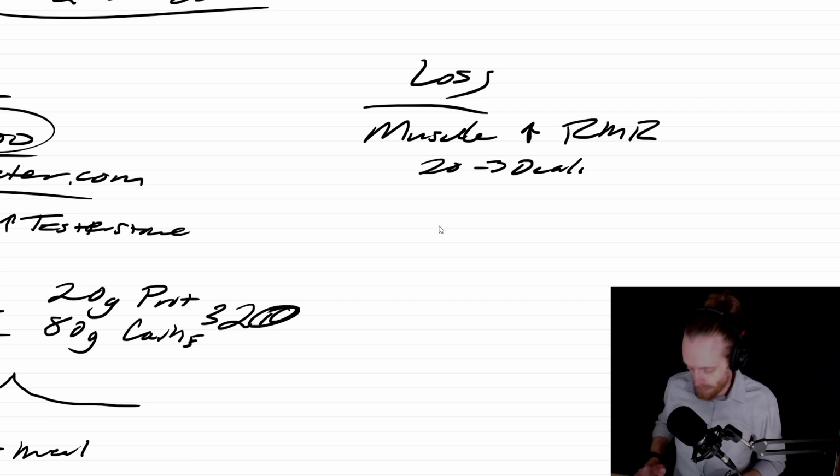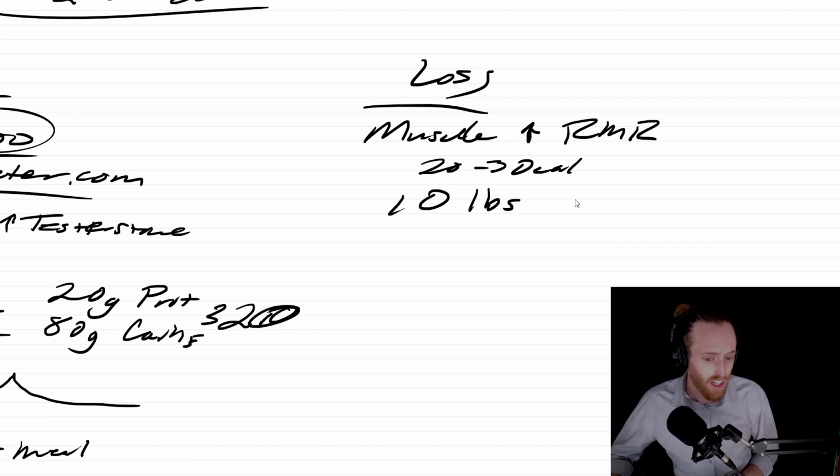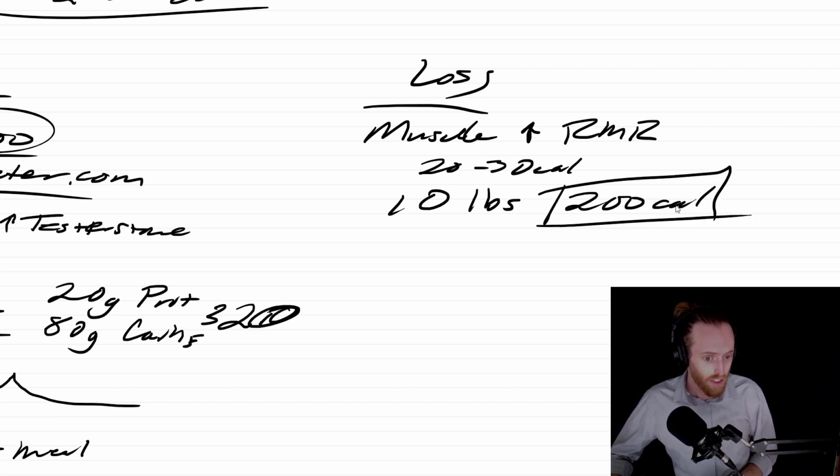So this can be really beneficial because let's say over a year, you want to get more tone, something like that, right? You just start working out, building muscle mass. If you put on 10 pounds of muscle, you're going to be burning at least an extra 200 calories every single day. And if you're trying for weight loss, you don't even need to change how you eat. There, you already have 200 calories.